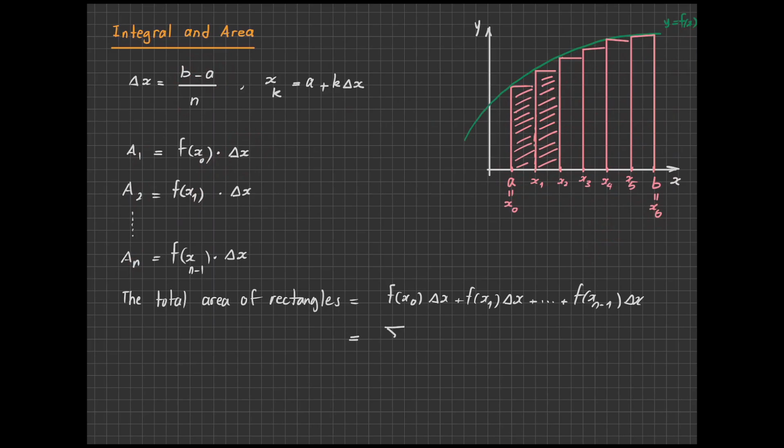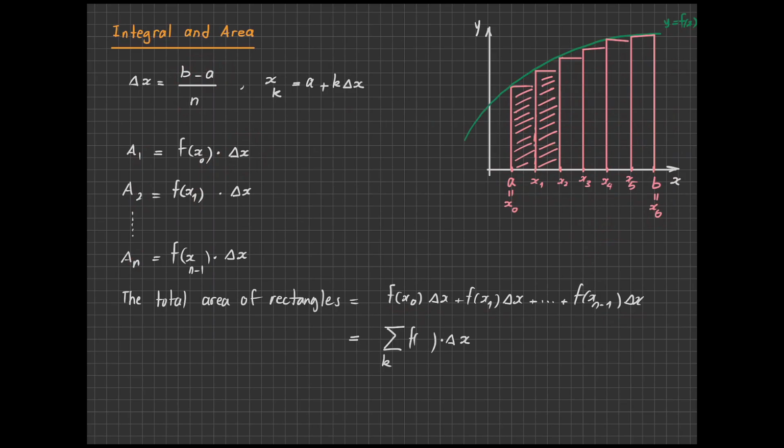So this is sigma. So how should I write? In all these terms, what is in common? Delta x is in common, repeating itself all the time. So I put a delta x here. But what should I write for f? Because you know that a sigma needs a counter. For example, let us choose a letter for the counter. So let us say k.